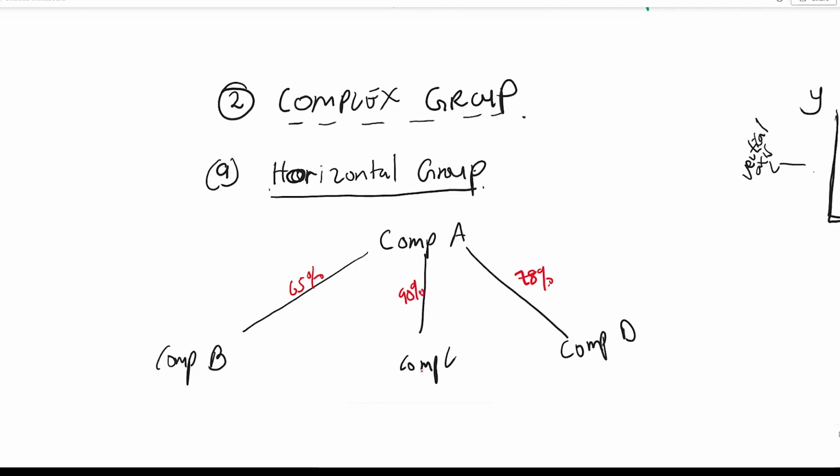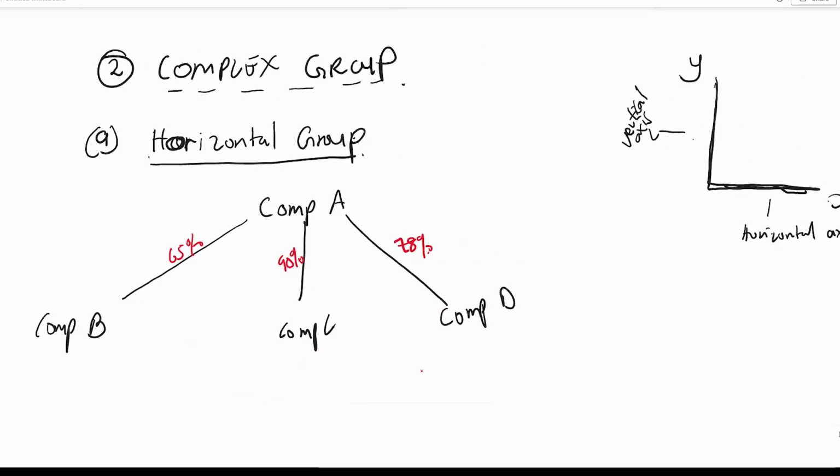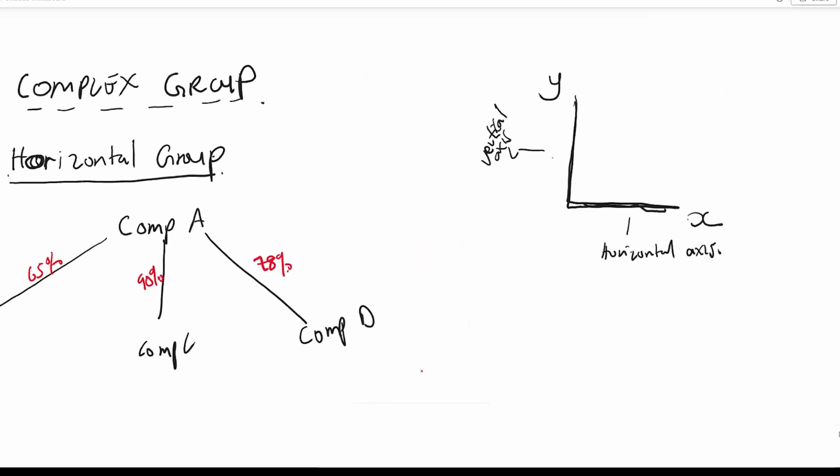So if you look at the structure of this group, we have company A at the top, which is the parent. Then we have all the other subsidiaries, with a direct relationship with every subsidiary. This kind of group is referred to as a horizontal group. Let's go back to the structure of our graph. Horizontal is going left to right, and that is the relationship they have.